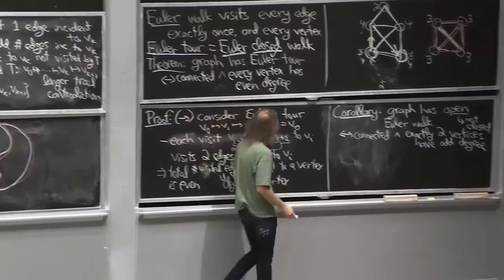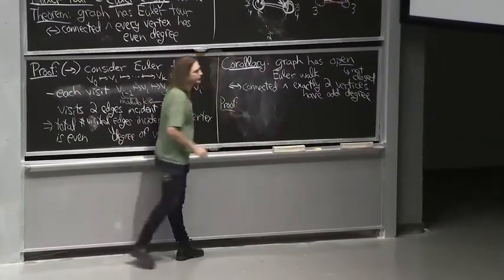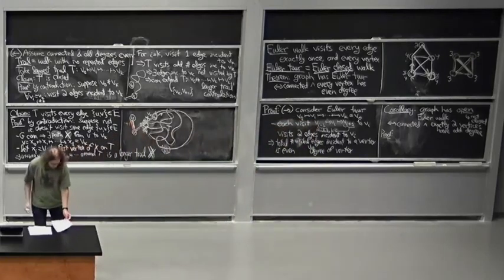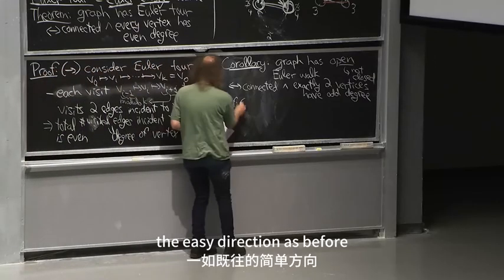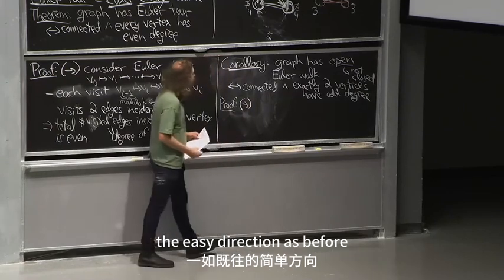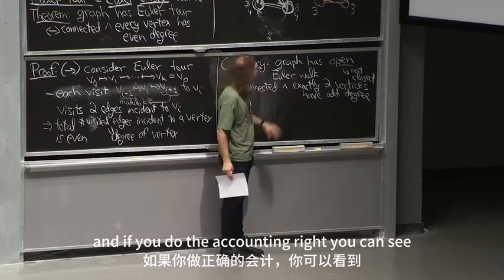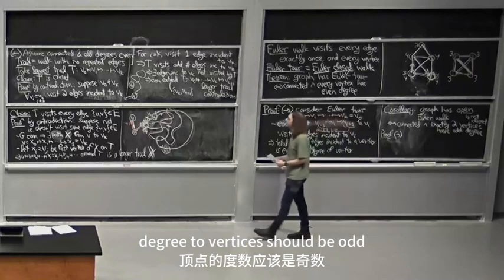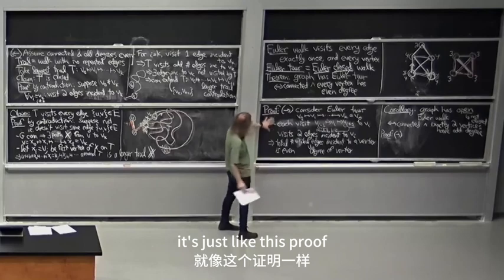Cool. Let me sketch a proof of this, and then I want to go to the last topic, which is trees. So I want the easy direction, as before: if you have an Euler walk, you're still connected. And if you do the counting right, you can see the number of odd degree vertices should be 2, just like this proof.